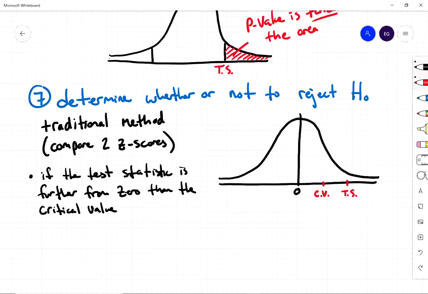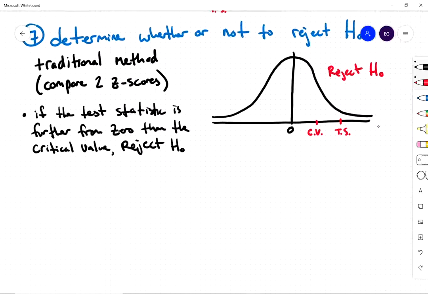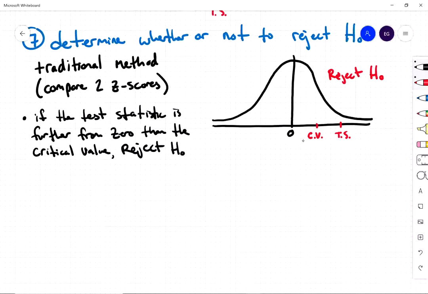In that case, you would reject the null hypothesis. Reject the null hypothesis. And if the critical value is further from 0, you fail to reject the null hypothesis.